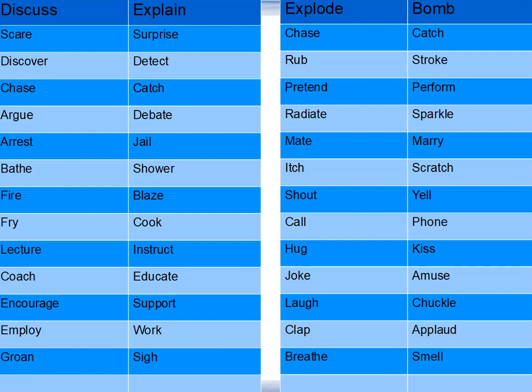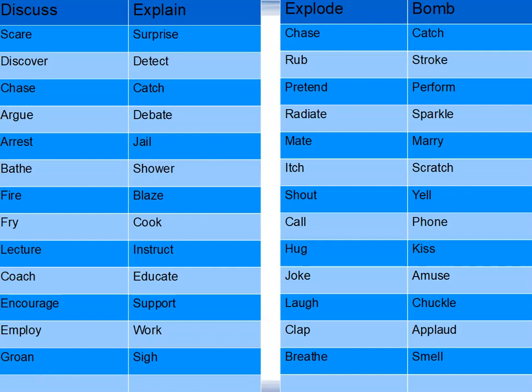Rub and stroke. That's a rub, but it may also be considered a stroke. So if you have bruised yourself somehow, if you hurt yourself, if I knock my head on the covers, which I do frequently, I may groan, and I rub my head.